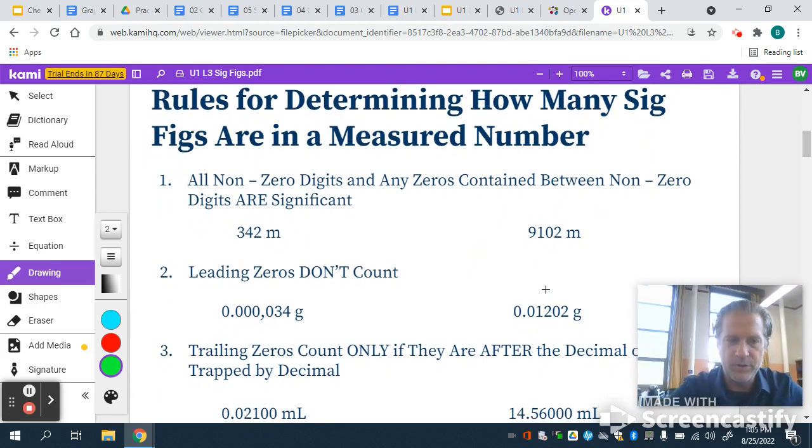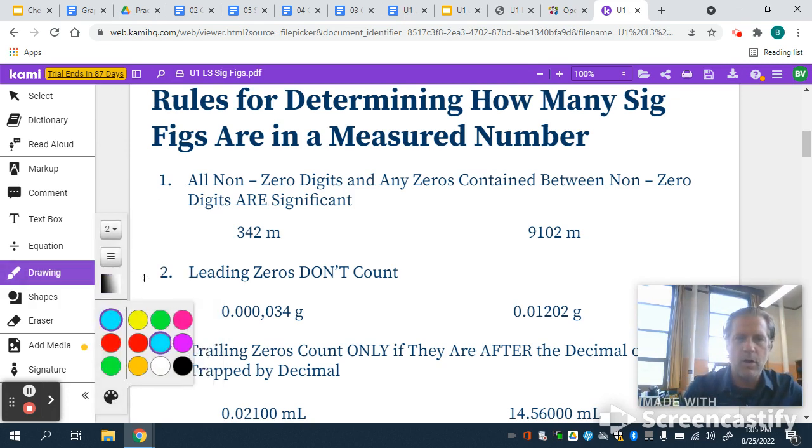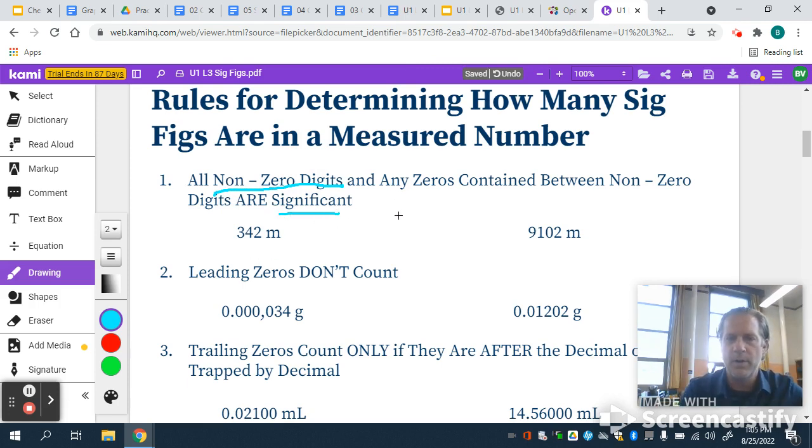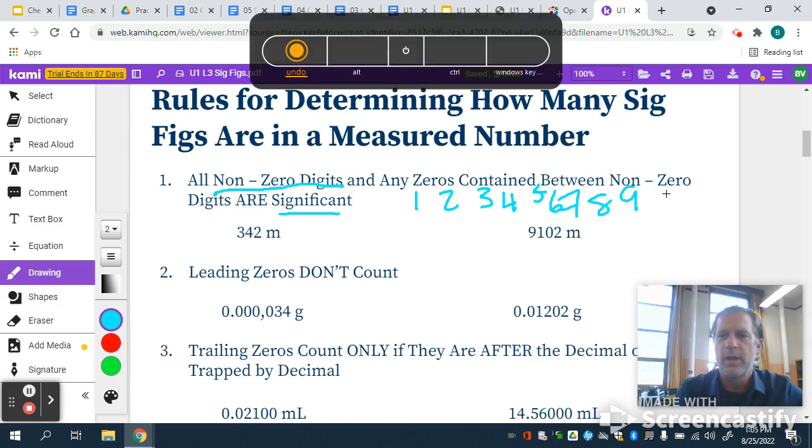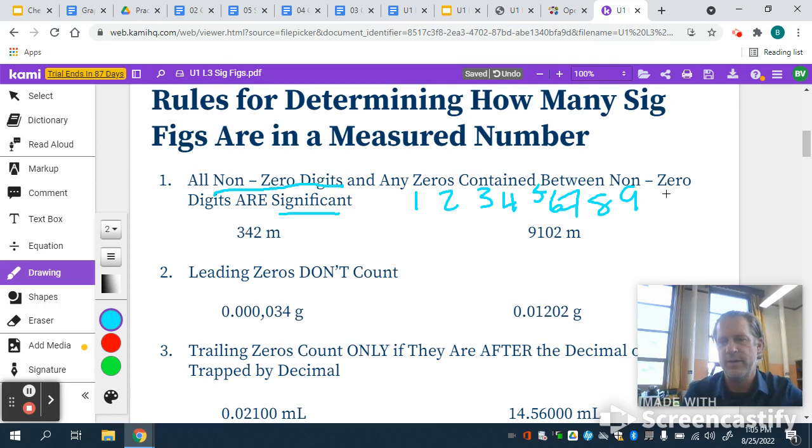So, the first basic rule says all non-zero digits and any zeros contained between non-zero digits are significant. What that means is that any of the numbers 1, 2, 3, 4, 5, 6, 7, 8, or 9 are significant when they show up in a number.